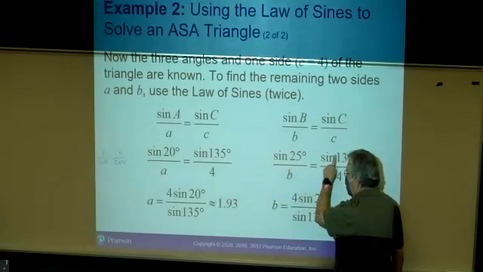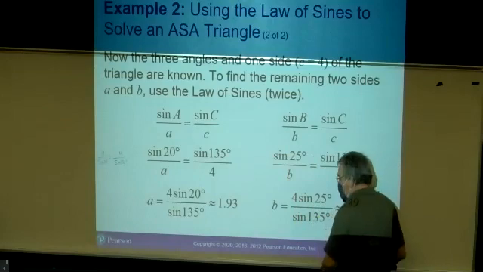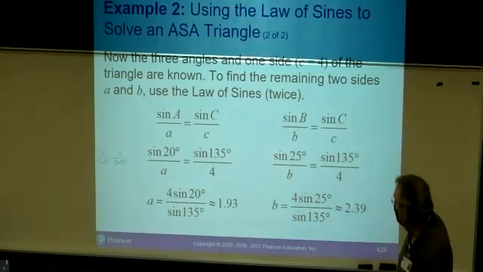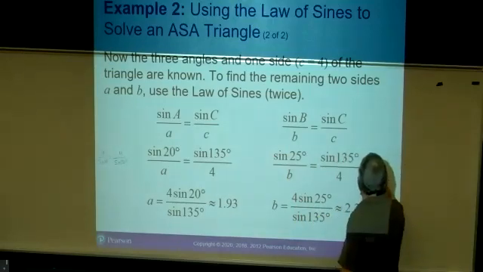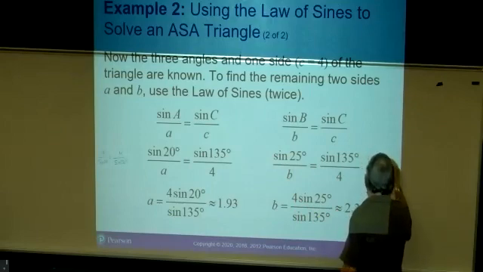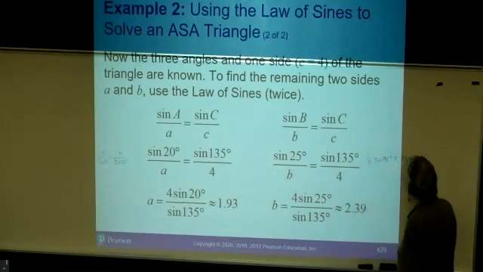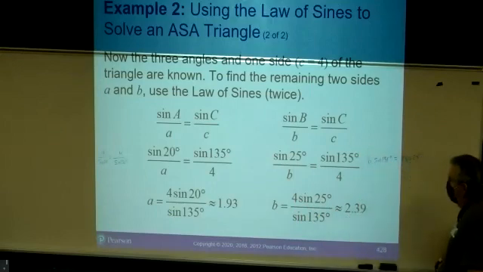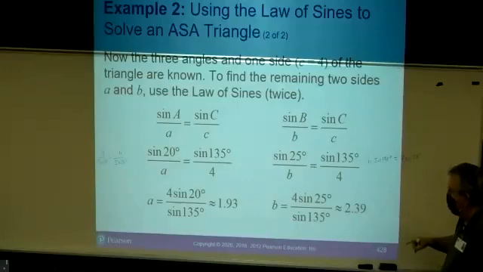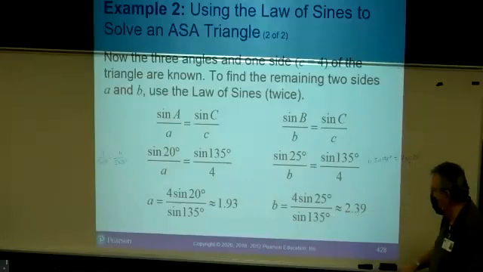So cross multiply, so you end up with b times the sine of 135 equals 4 times the sine of 25. And then you just divide both sides by the sine of 135 to get this equation here.